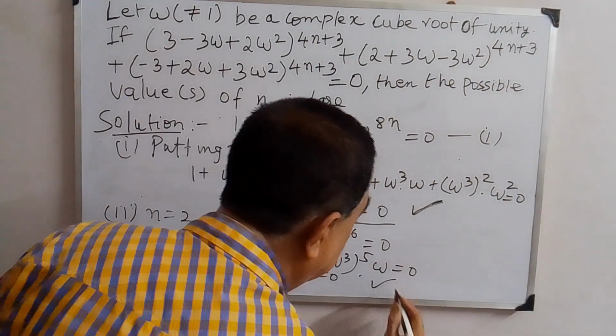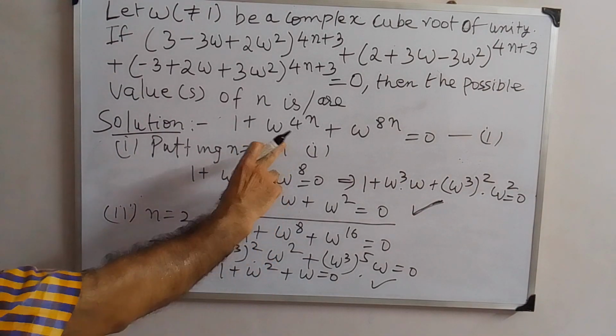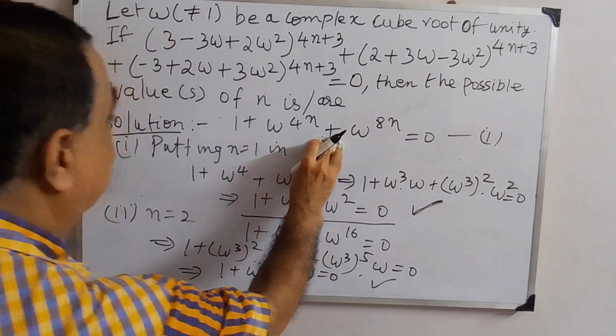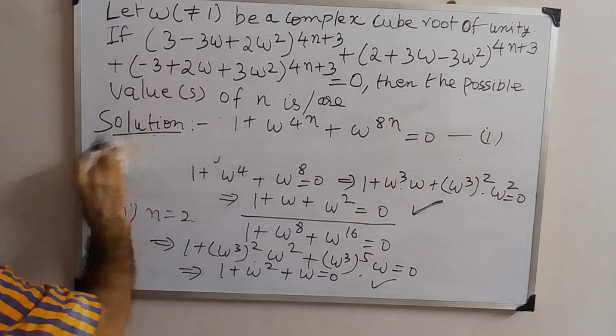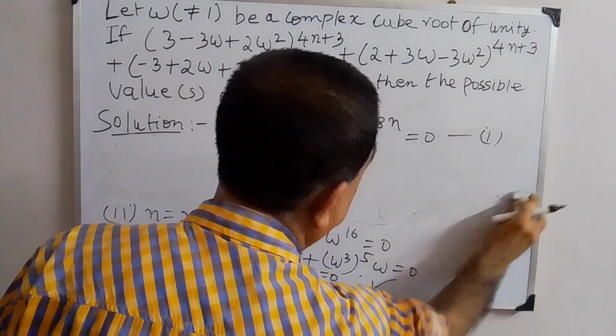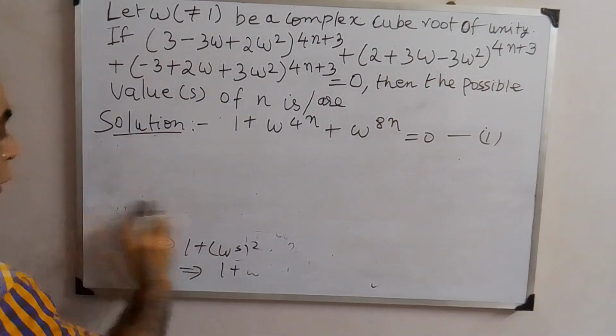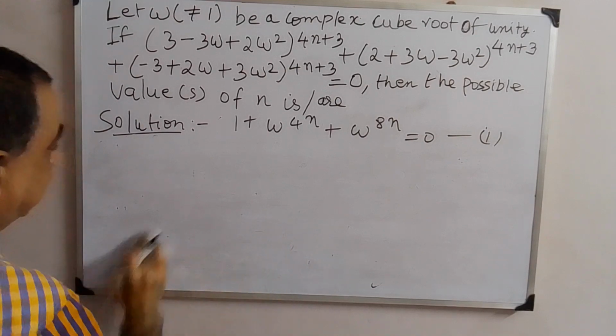So n equals 2 also satisfies the given equation. Now 1 and 2 are both satisfied. Now let us check n equals 3. Putting n equals 3, and n equals 4 and 5 also, we will do in a similar way. Check it.